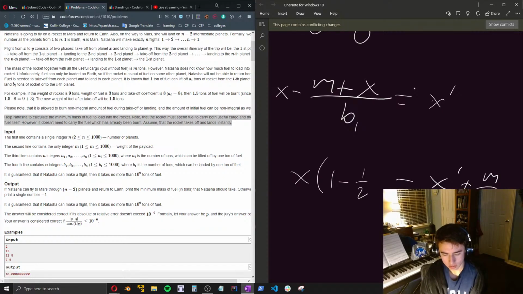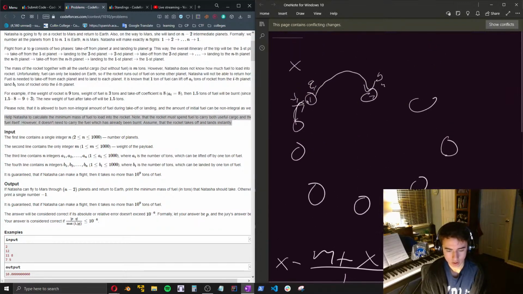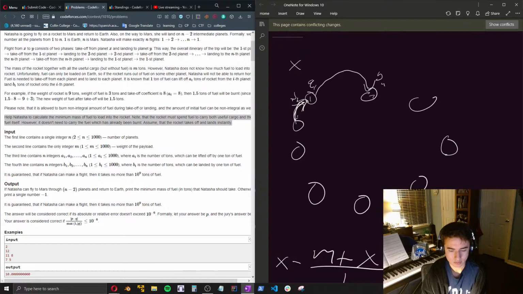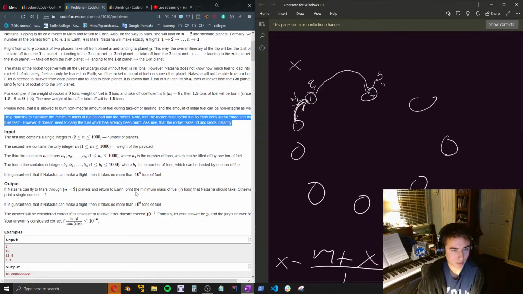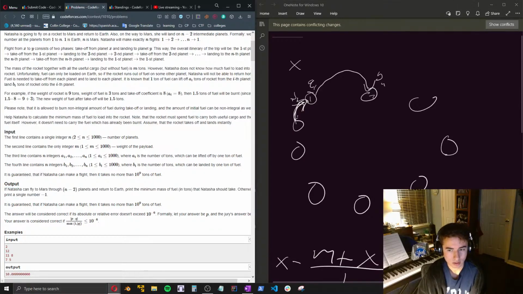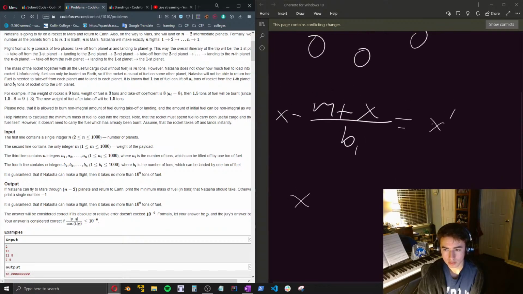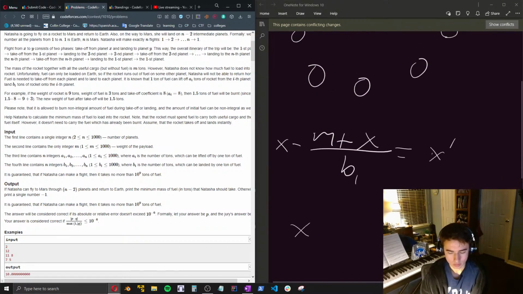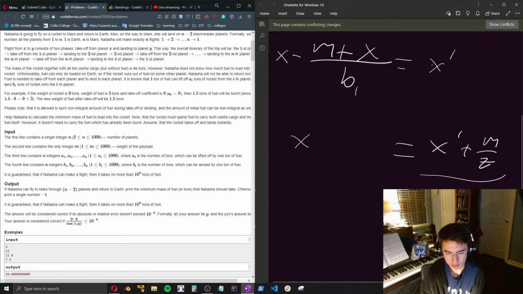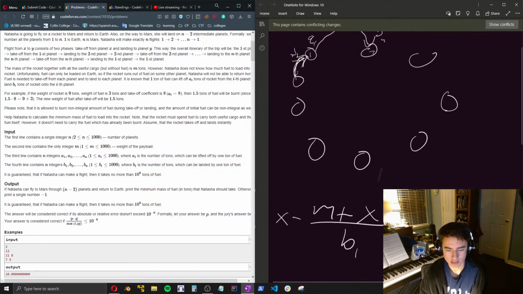Okay, so now this gives us the amount of fuel we need right before any operation. So X prime will start as 0, and then we'll work backwards through the cycle.